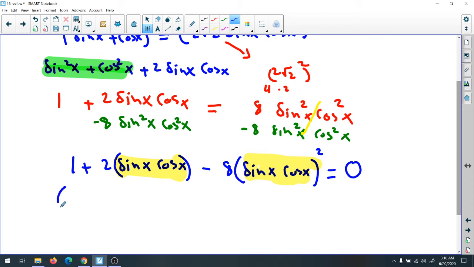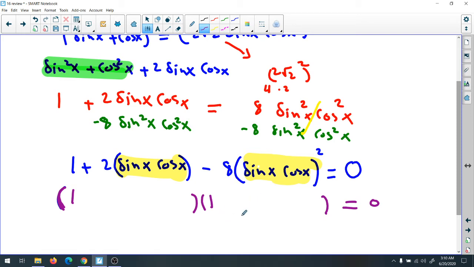So 2 parentheses, change color, purple. Here, go for purple. 2 parentheses equal to 0. So 1 is 1 times 1. And we're going to factor negative 8, let's say x squared.